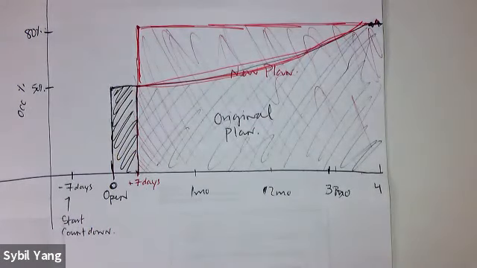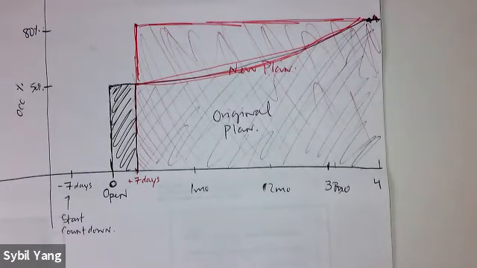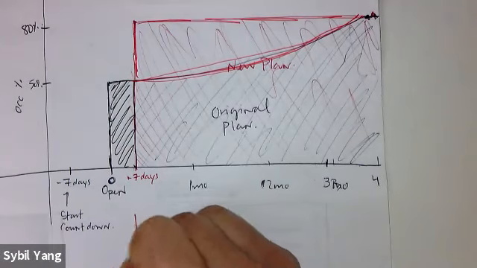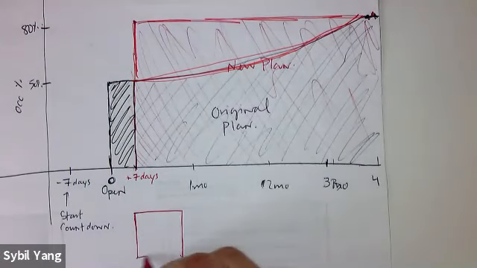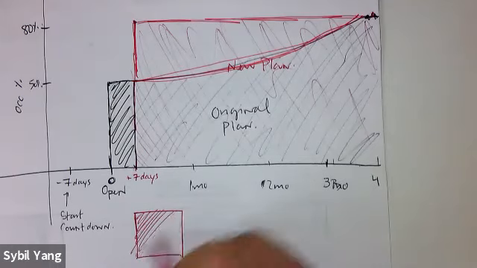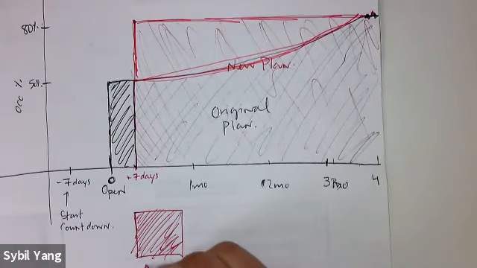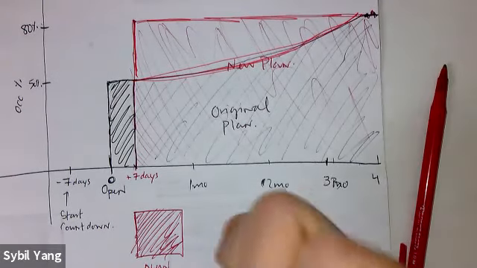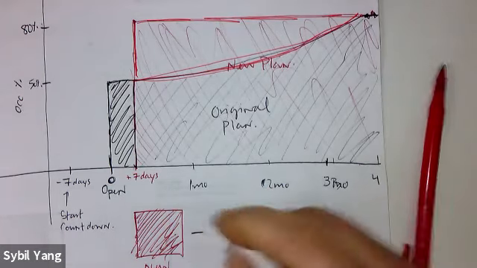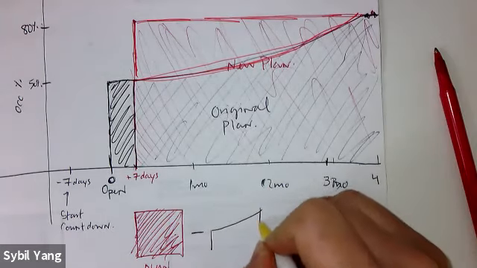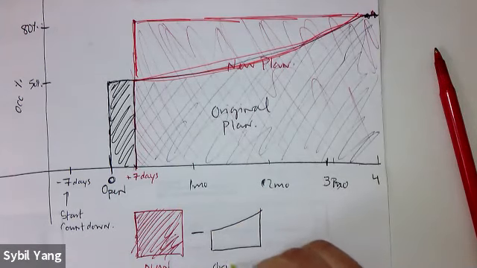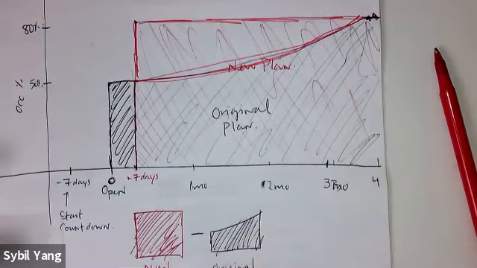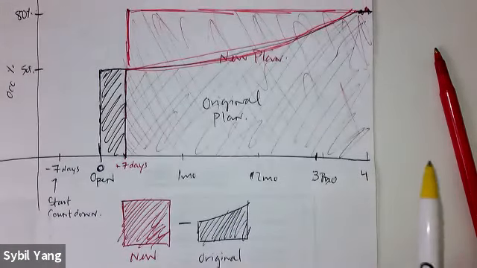So at the end of the day, what we would want to model out is how much the new plan is, new, subtract out the original.